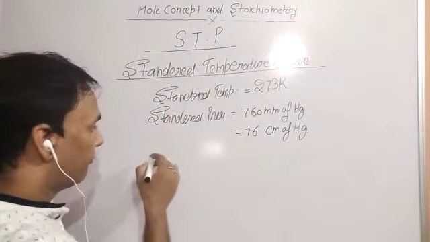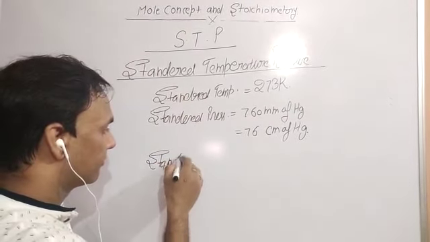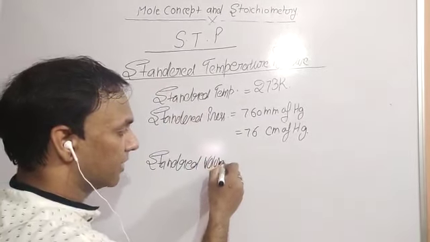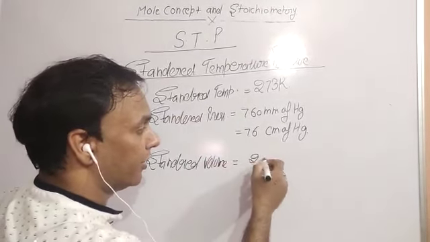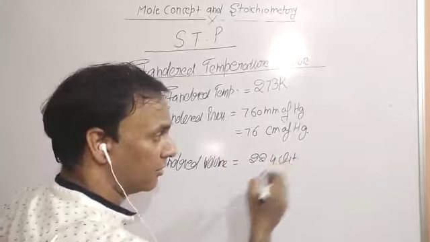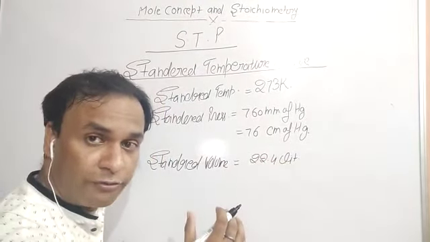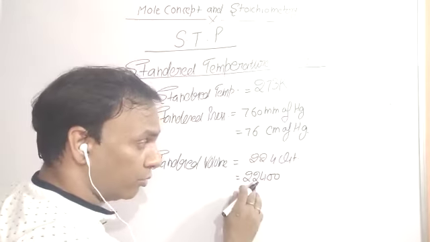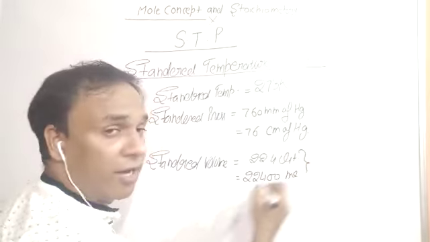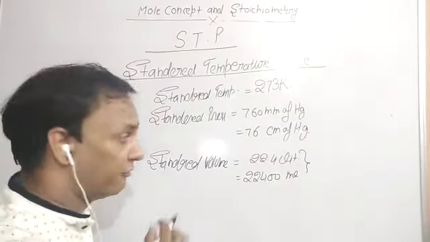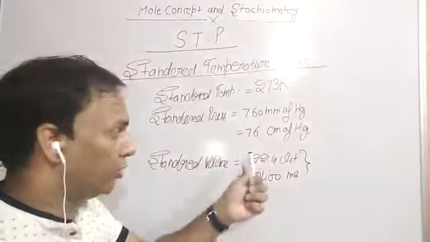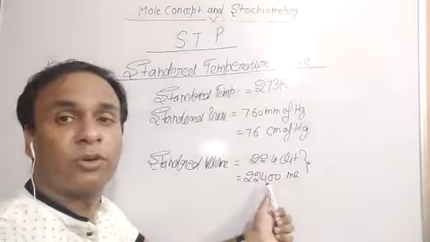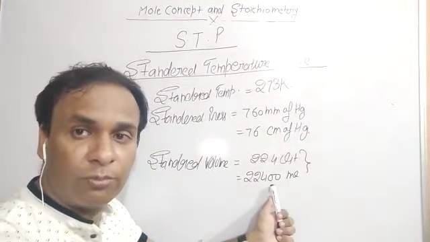And the standard value of volume is 22.4 liter, or 22,400 ml of gas. Why? Because 1 mole of any gas occupies 22.4 liter, or 22,400 ml volume.